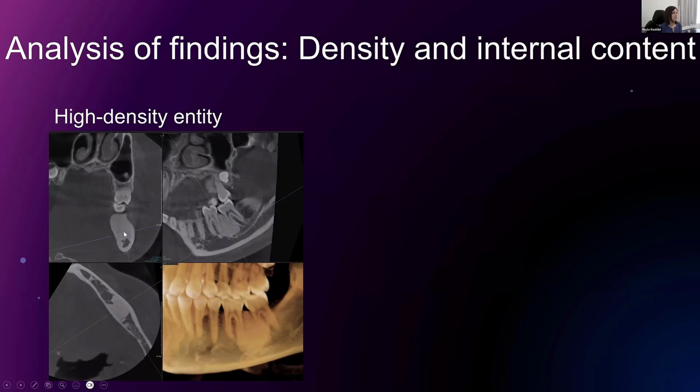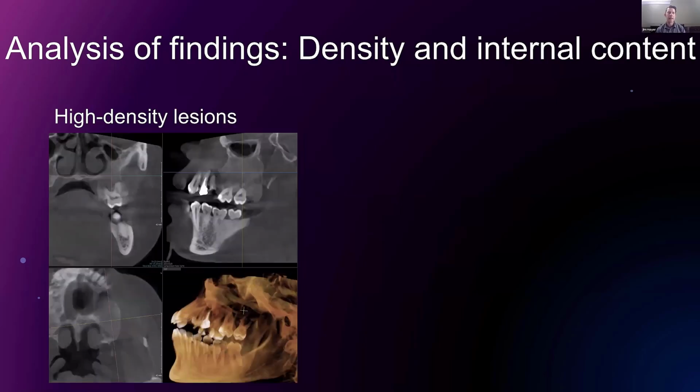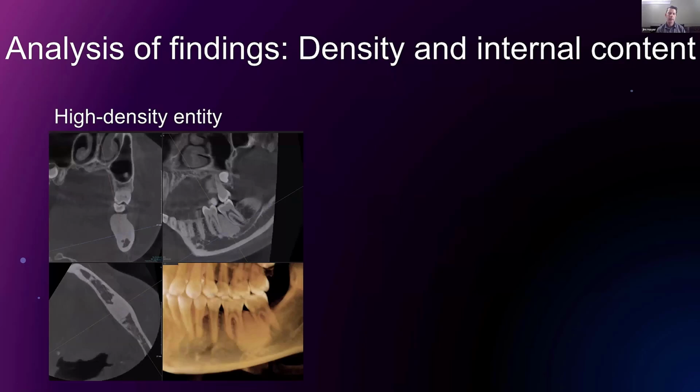Usually these lesions do not tend to have any effects on the surrounding structures, except in rare cases where they can cause some expansion, some root resorption, or impede the eruption of certain teeth, but again, in very rare cases. And I think if you can go back to that last slide, it shows exactly what we were talking about on the mesial root of that molar, how it does not look like it's impinging on that. Exactly. We can even trace the PDL spaces, and everything looks intact in that area. Right. Yeah.